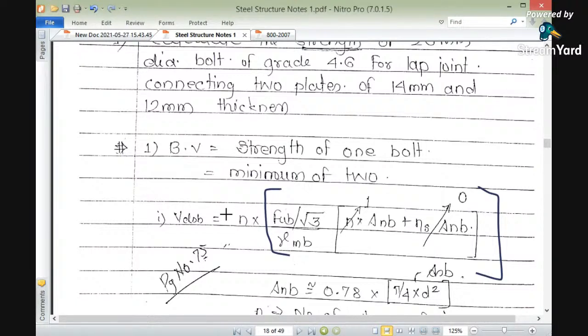That means whether that shear plane is overlapping with the threaded portion, or it is overlapping with the shank portion. Shank is the plain bolt, whereas the threaded portion is where threads are provided. Suppose there is a bolt figure. I am drawing this as a bolt figure. Here these are the threads provided in the bolt, and these are the plain surface, and there is a head provided here.